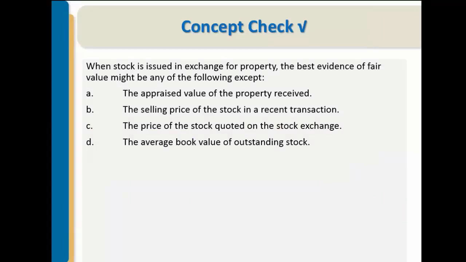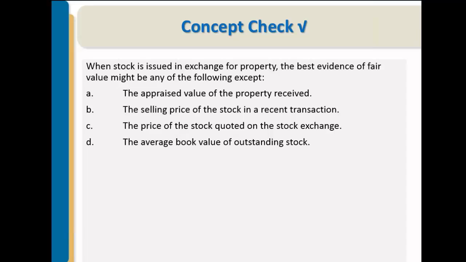Here's another quick question. When stock is issued in exchange for property, the best evidence of fair value might be any of the following except: A, the appraised value of the property received; B, the selling price of the stock in a recent transaction; C, the price of the stock quoted on the stock exchange; or D, the average book value of the outstanding shares.